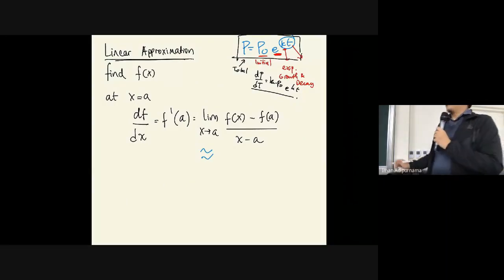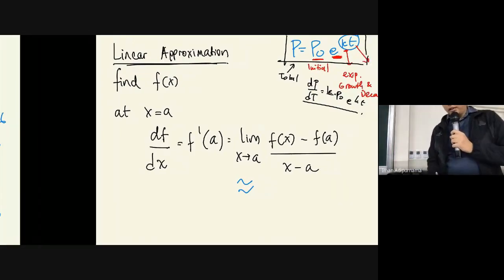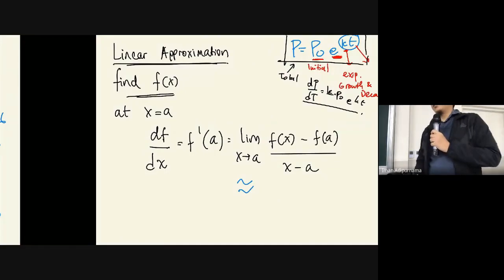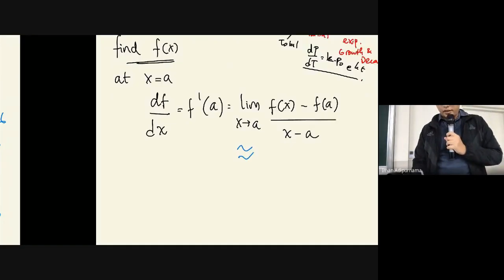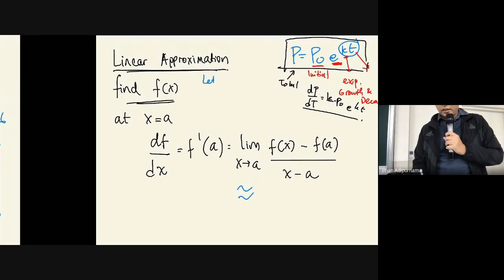So what we did before in linear approximation, I'm just reviewing a little bit. We need to find a function. Let x be unknown, or we want to know this.